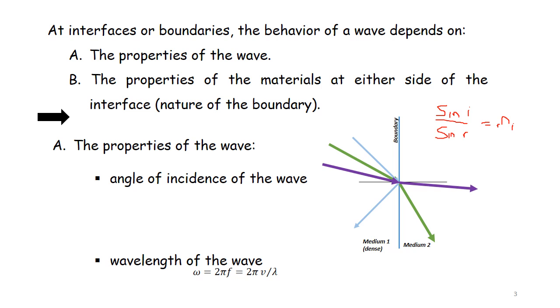Remember that wavelength is a determinant of the energy of the wave. So wavelength affects it. And note that no matter the medium, the frequency of a wave remains constant, it does not change.